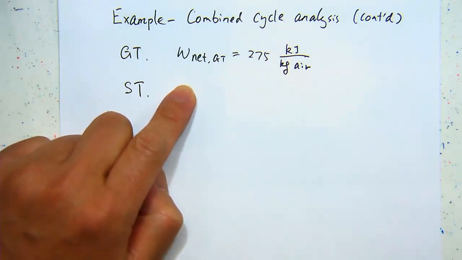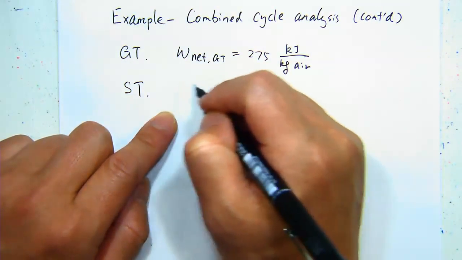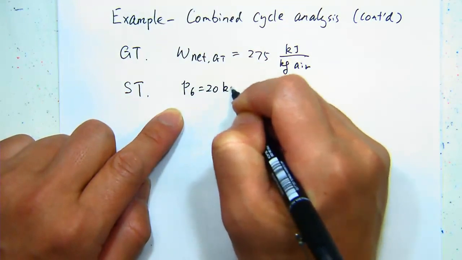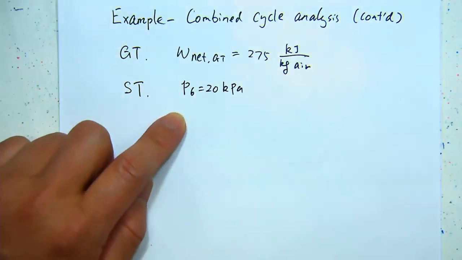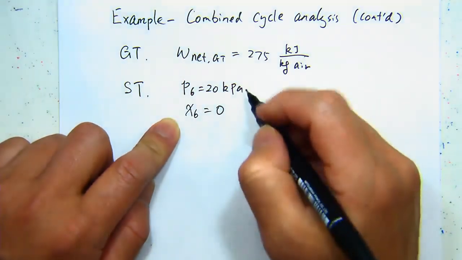Let's start from the state at the pump inlet. There we know that the pressure is 20 kPa, and we know that it's on the saturation dome, which means its steam quality is 0 there.